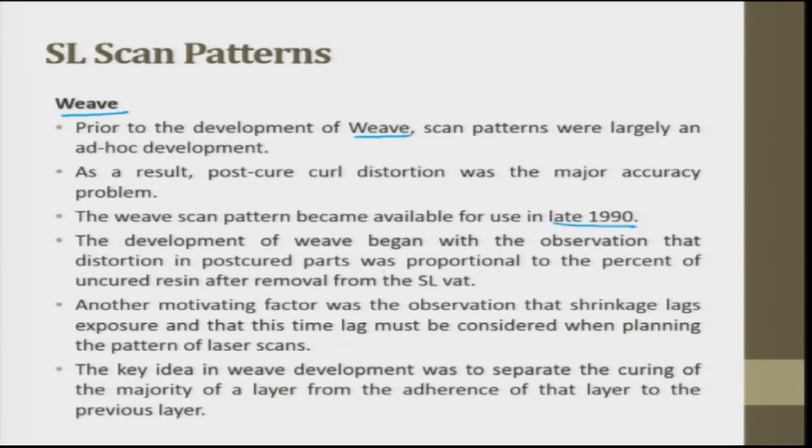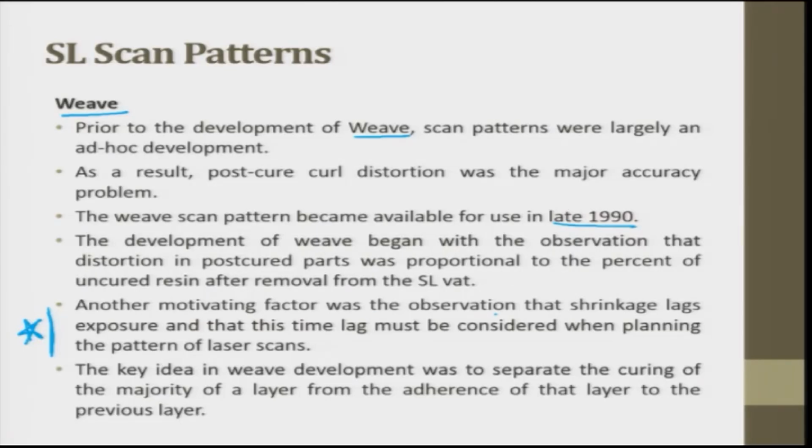The development of weave began with the observation that distortion in post-curing parts was proportional to the percentage of uncured resin after removal from the SL vat. Another motivating factor was the observation that shrinkage lags exposure and that this time lag must be considered when planning a pattern on the scan layer. This is very important.